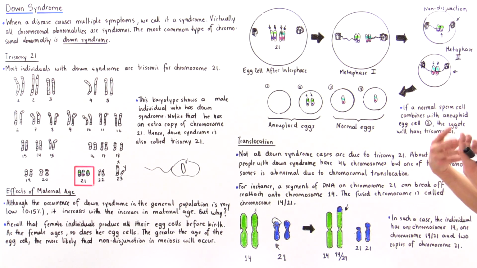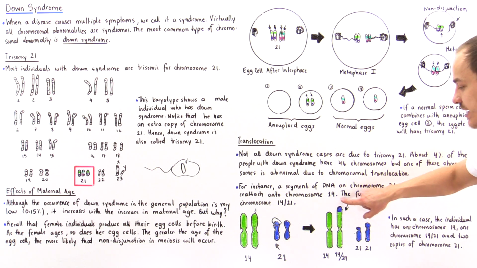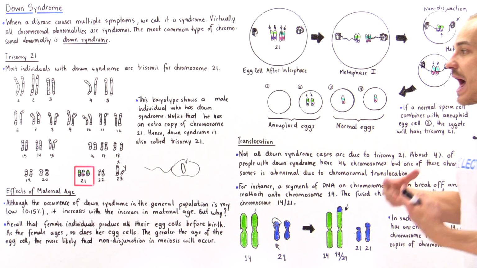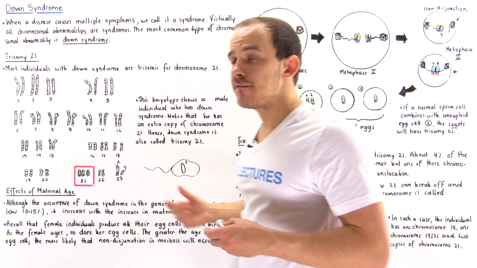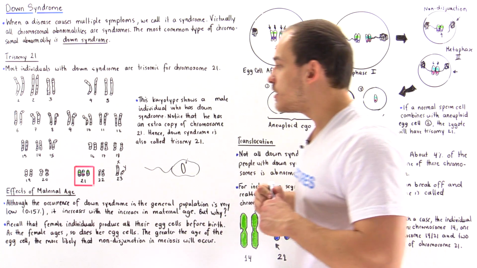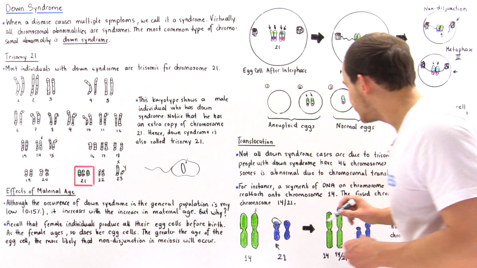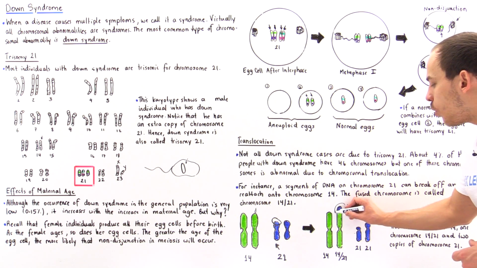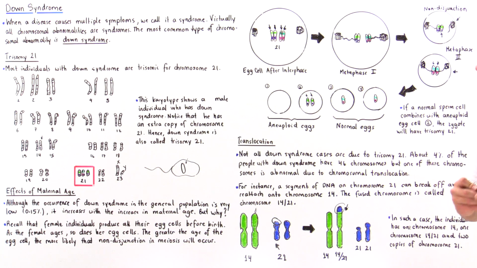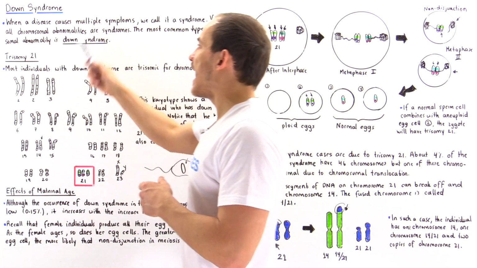So when the zygote gains this particular chromosome, that zygote still has 46 chromosomes, but the 14th one, this one, is abnormal because it contains this duplicated portion of the gene, and that can also lead to the same symptoms of Down syndrome.